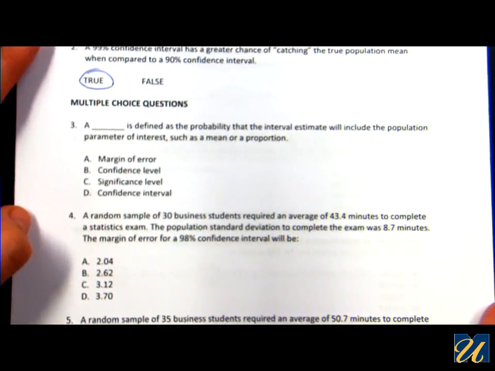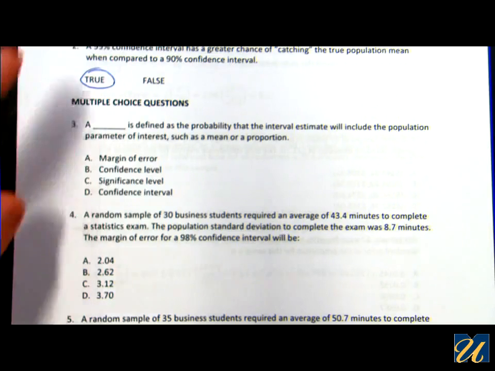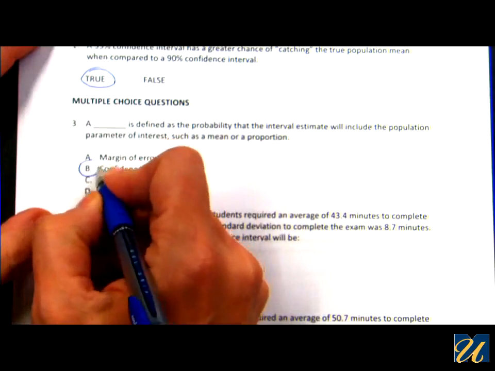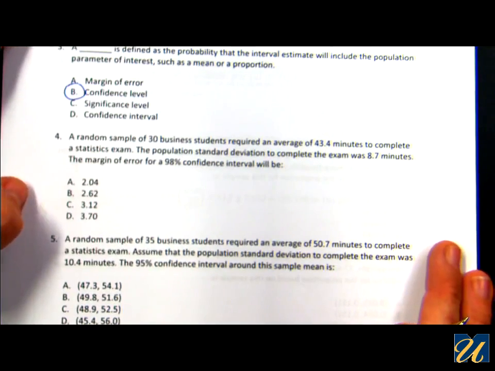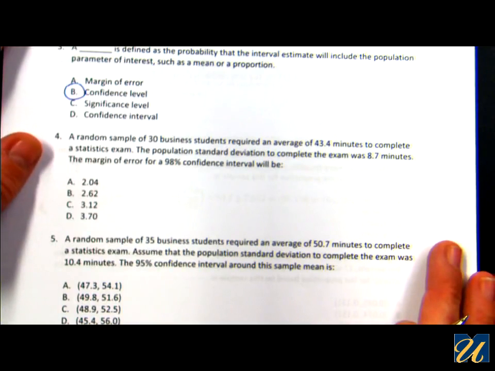Multiple choice questions. A what is defined as the probability that the interval estimate will include the population parameter of interest, such as a mean or a proportion. That would be your confidence level. A random sample of 30 business students required an average of 43.4 minutes to complete a statistics exam.